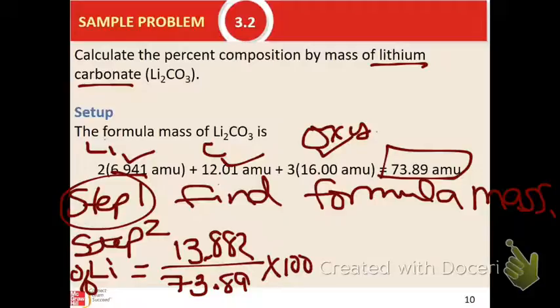Multiply that times 100. And you're going to get 18.8% lithium.